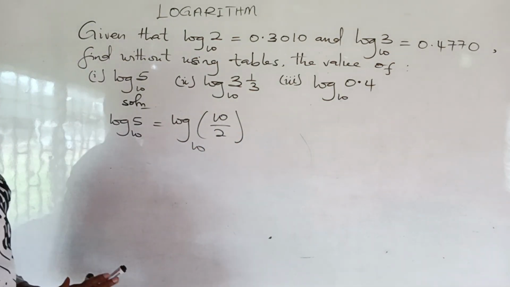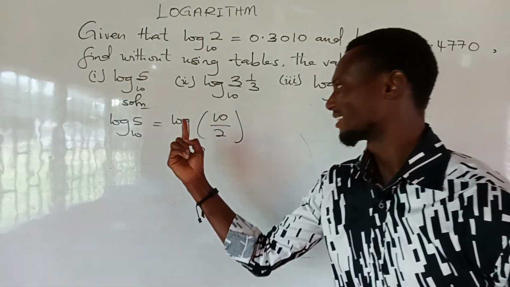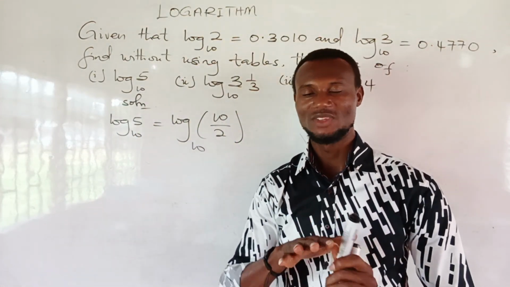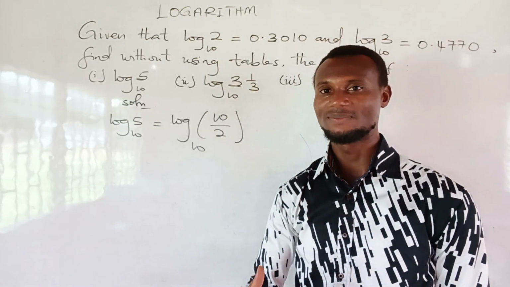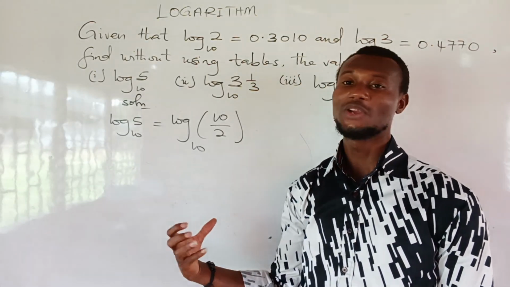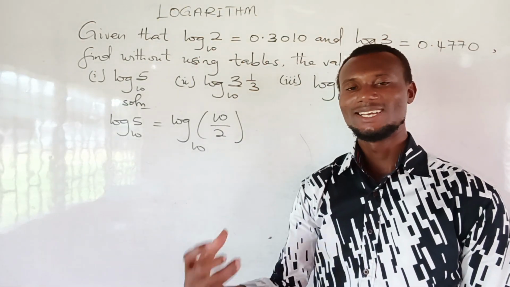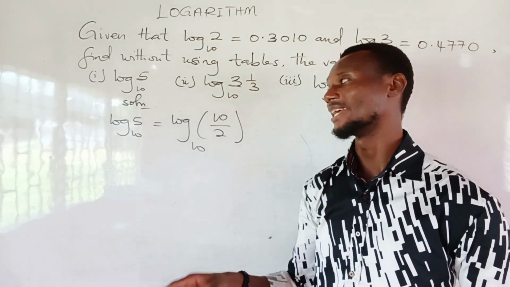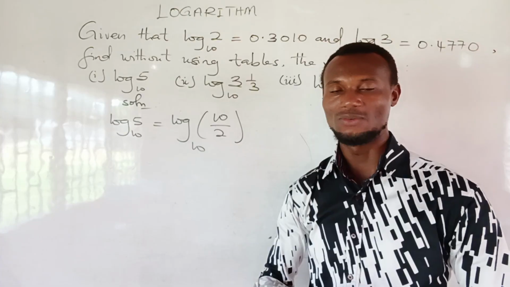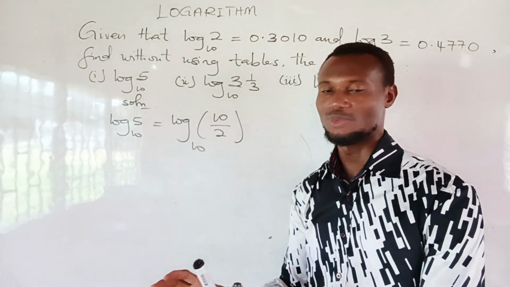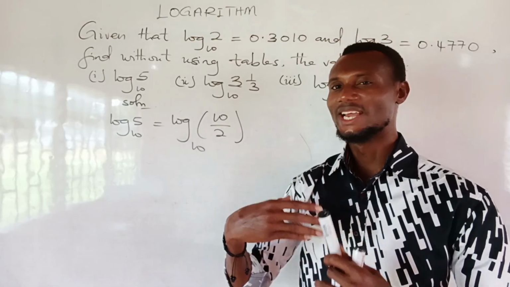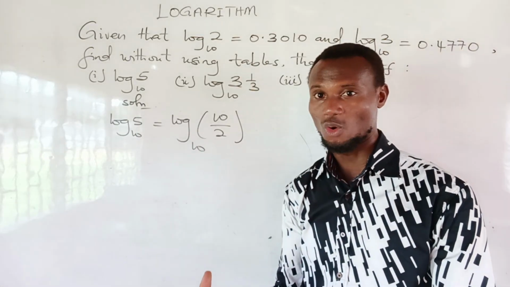All that we did is to write the 5 as 10 over 2, and I hope you understand and you agree with me up to this point. Now from here, what we are going to do is to apply the quotient rule of logarithm. I know by now you understand the quotient rule because we've applied it a lot in the previous videos and we've done a lot of explanation on it as well.